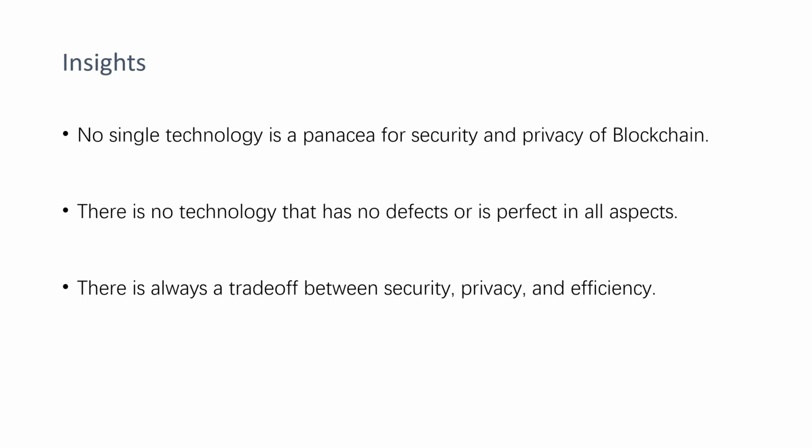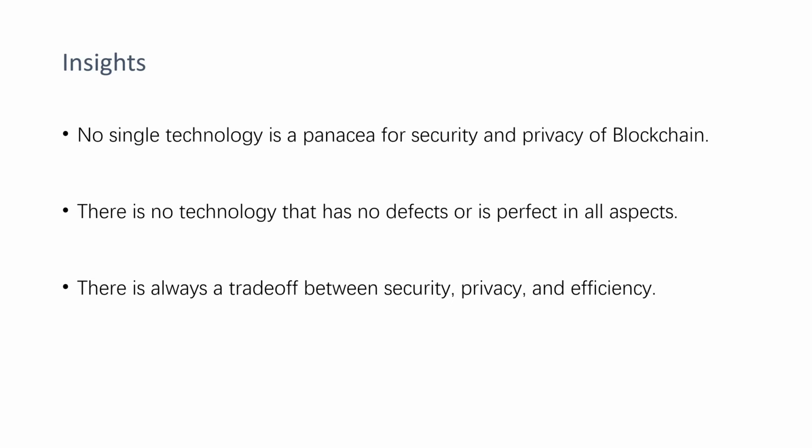Through the research on these security techniques in blockchain, we have gained some insights. First, no single technology is a panacea for security and privacy of blockchain. In general, the combination of multiple technologies works more efficiently than using a single technology. Second, there is no perfect technology in all aspects.